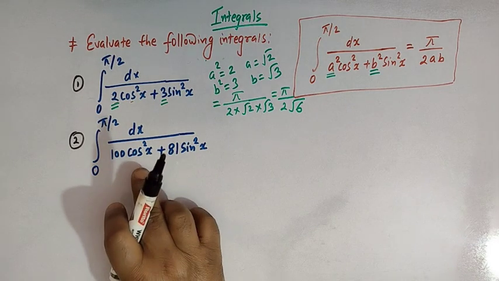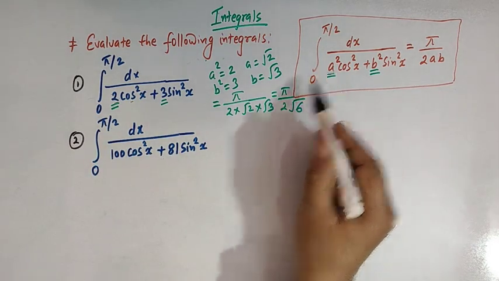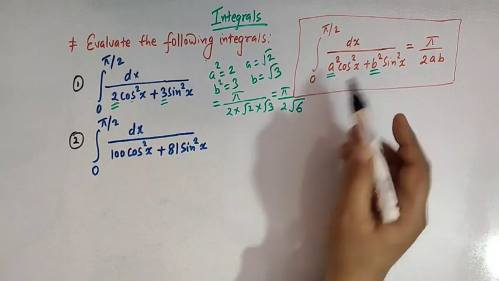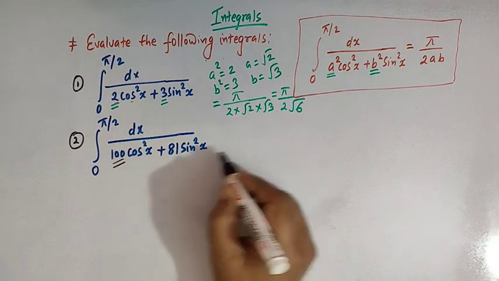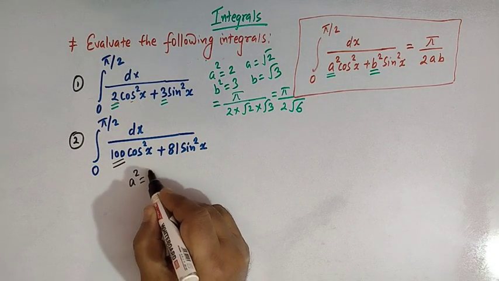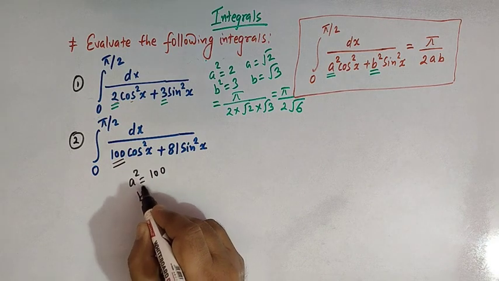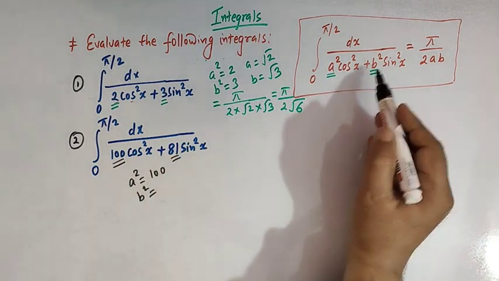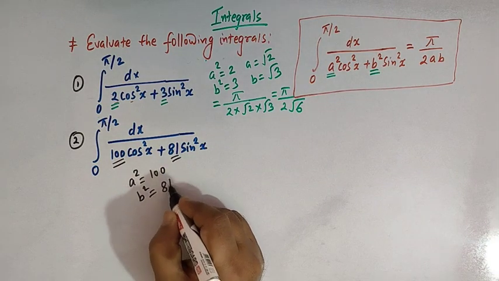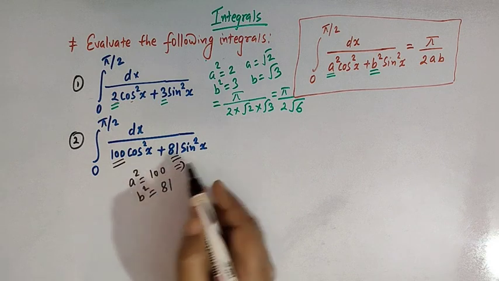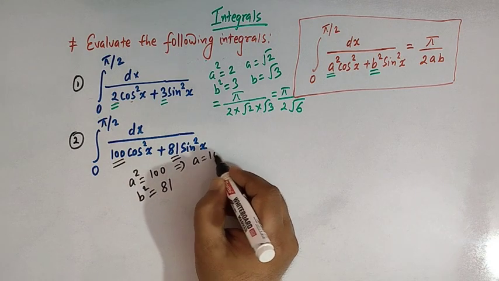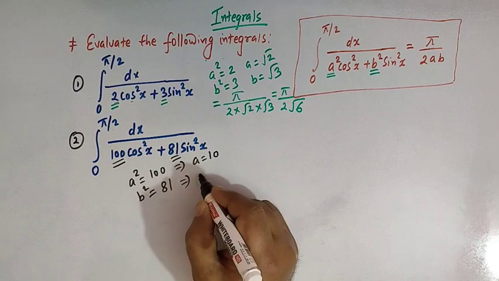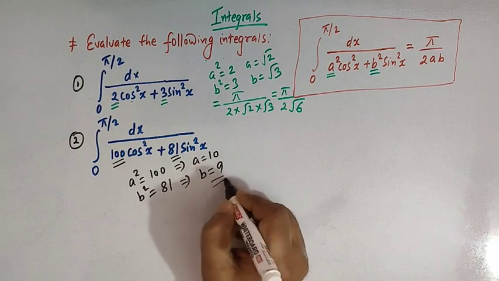Now let us consider the second integral. If we compare this integral with this one, then the value of a square is 100 and b square is 81, right? So from this we can write a is equal to 10 and b is 9, right?